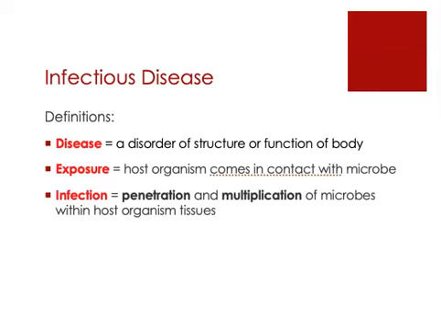So infectious microbes are capable of causing disease, again, because they get into the body, they grow, they reproduce, they increase in number, and they damage tissue as a result.